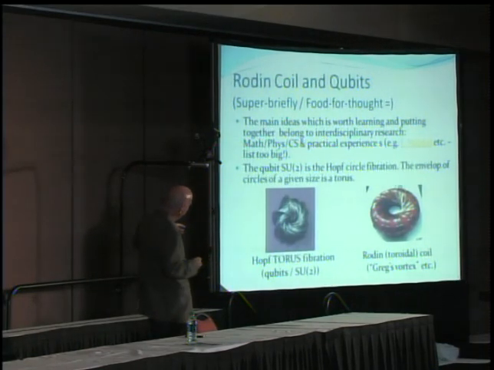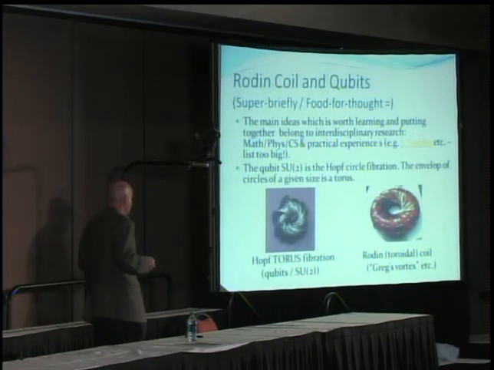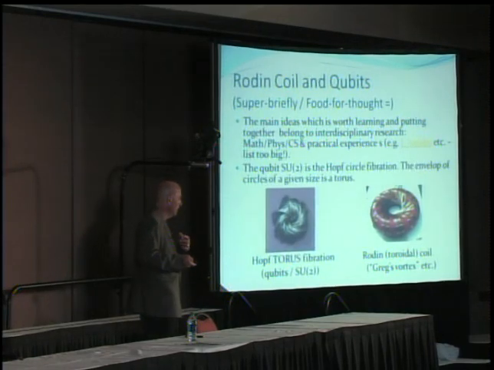And what you have is the Hopf torus vibration, which looks really closely, I mean, really, it's the Rodin coil. So we should think about that. Again, there is not enough time to say more about this.